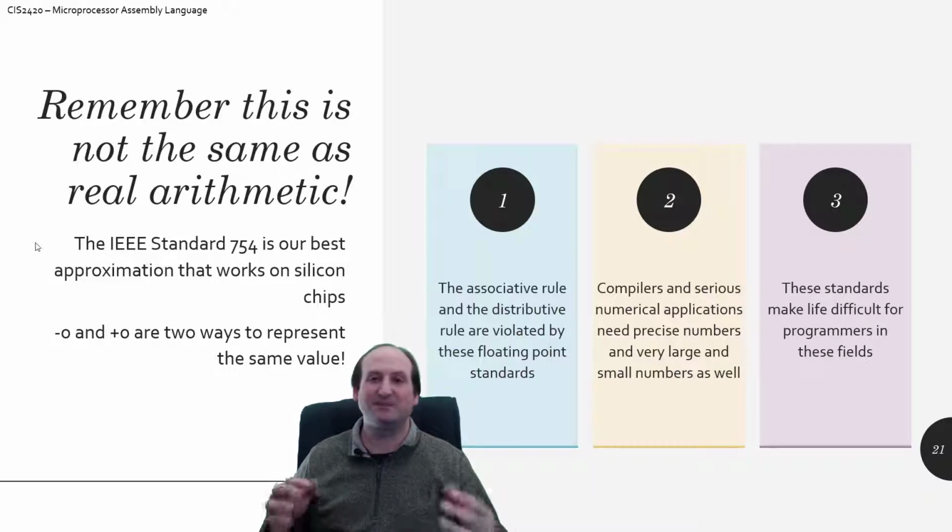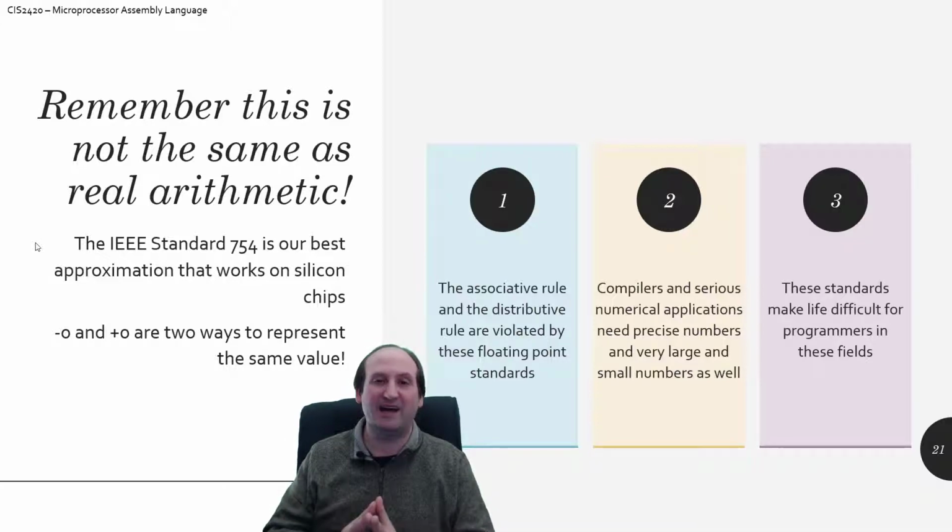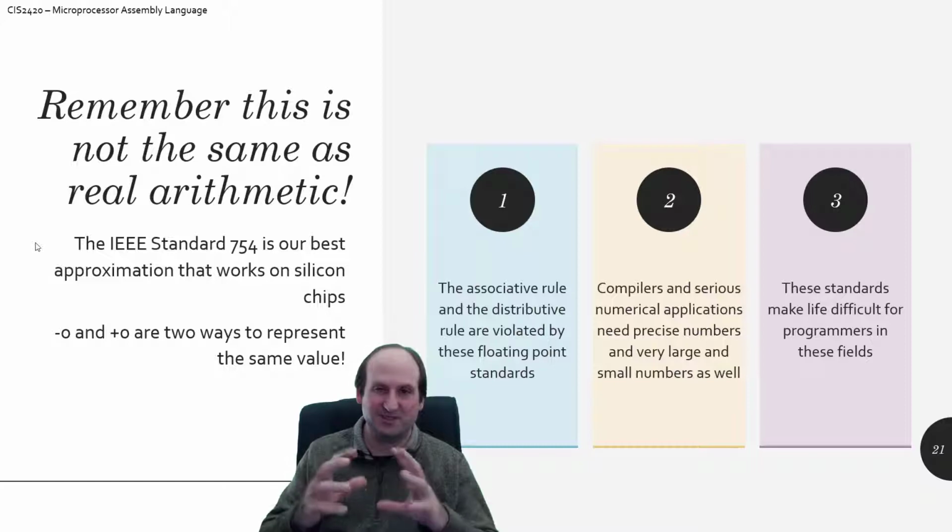So it makes it difficult. If we're using those kind of things, we have to look to see if the error terms are sufficient for what we're trying to accomplish, and if not, we pretty much have to develop or use other software libraries in order to get this job done, so the precision is to where we need it to be.